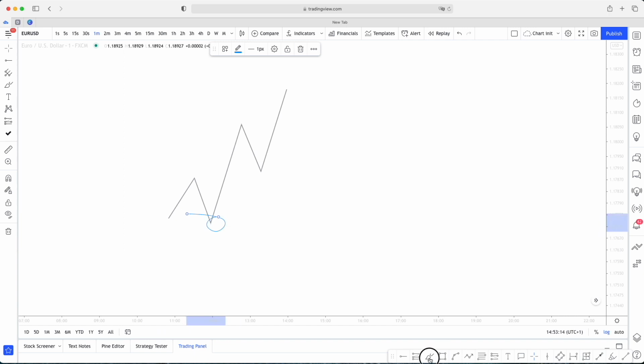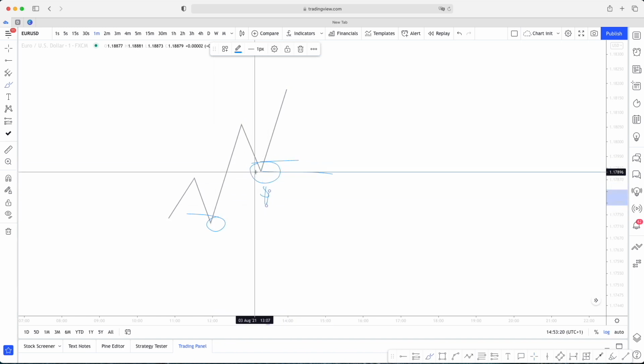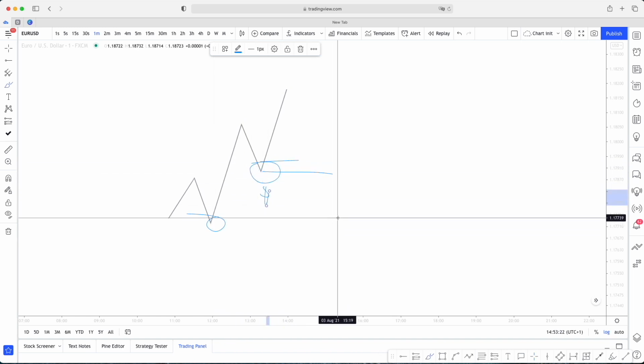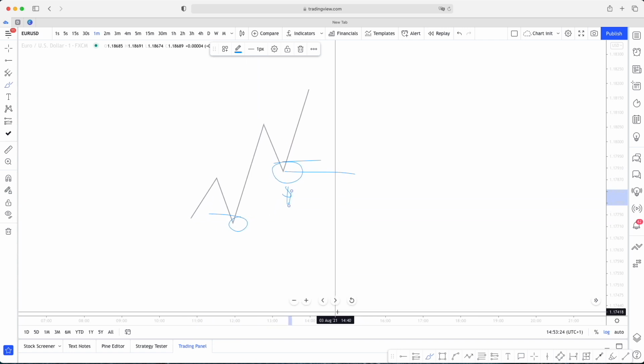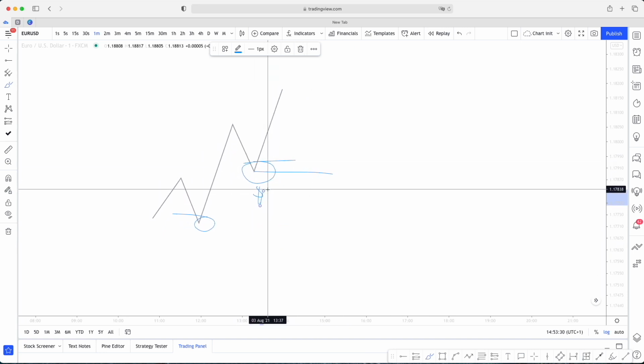This can be used as a liquidity point. But we will never know where price is going to react. If we knew that, then obviously we'd all be millionaires. We need people to lose. That's how the markets work. We need people to lose so we can win, and we need to lose so other people can win. That's just the way that things go.